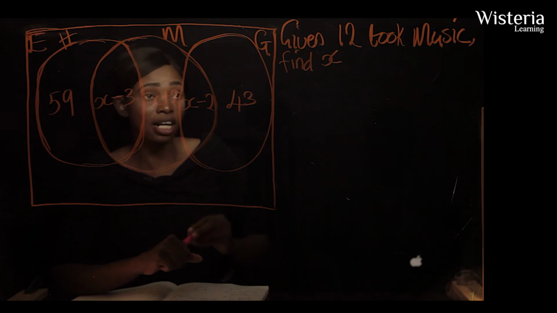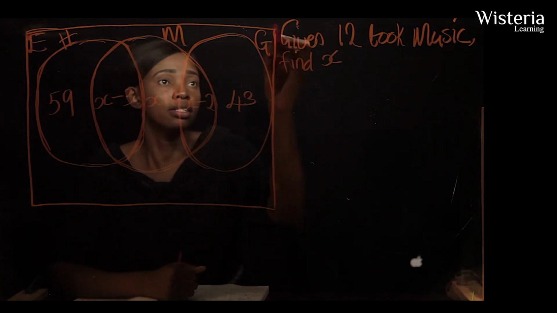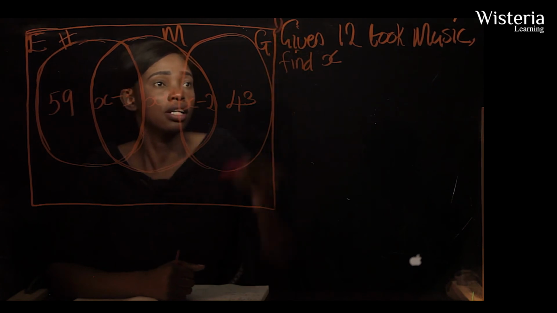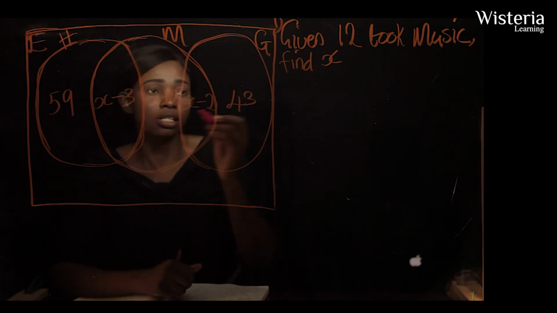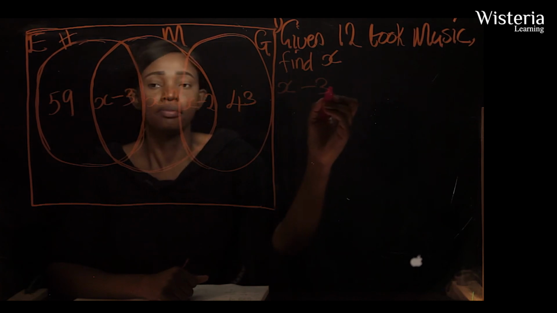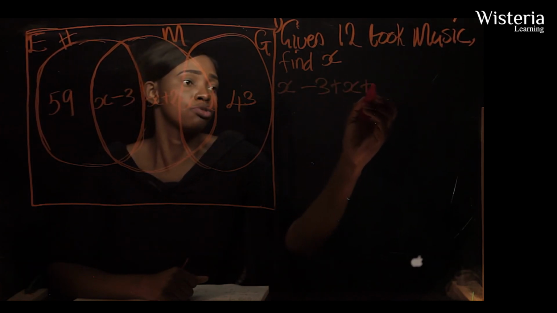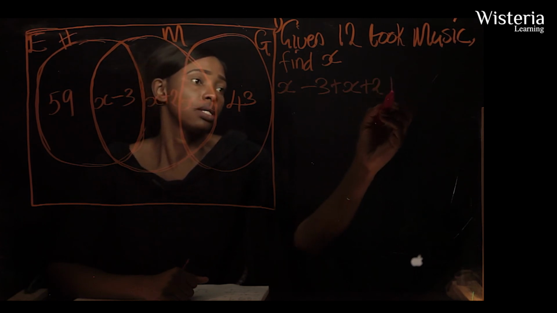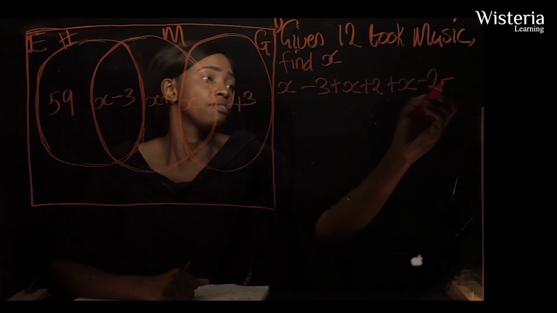That is the first question we are finding. So to get X, we're going to write X minus 3 plus X plus 2 plus X minus 2 will give us 12.